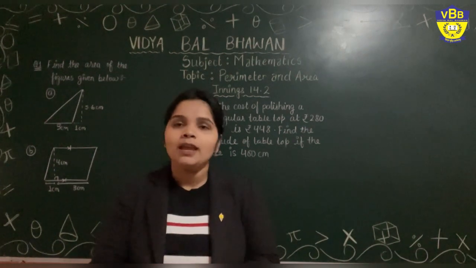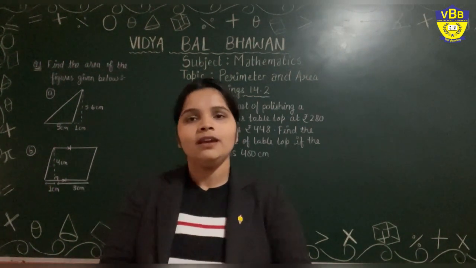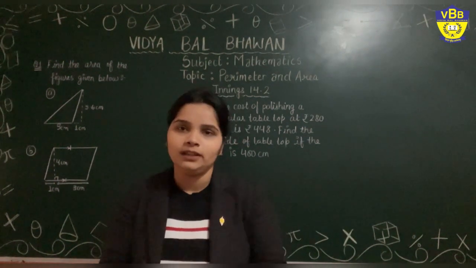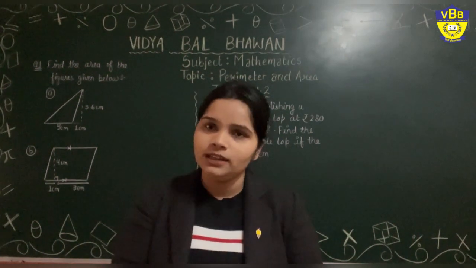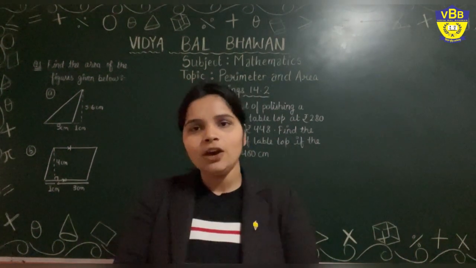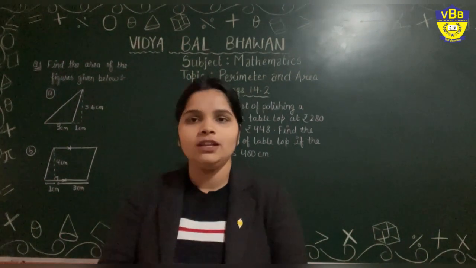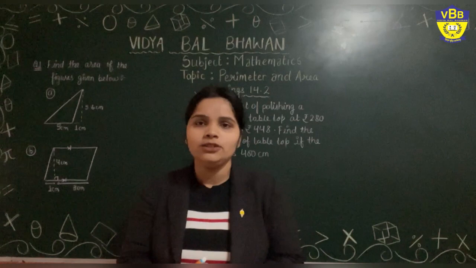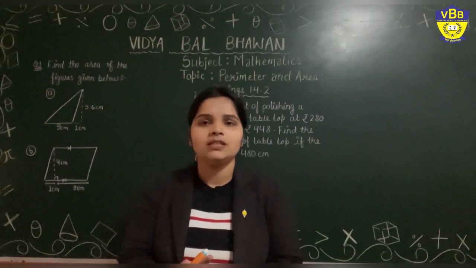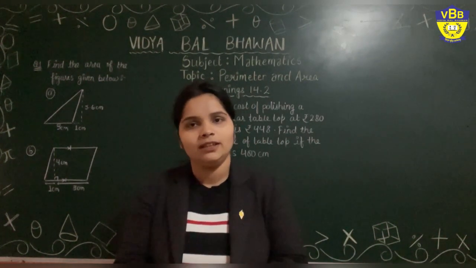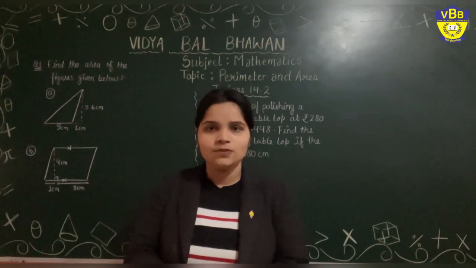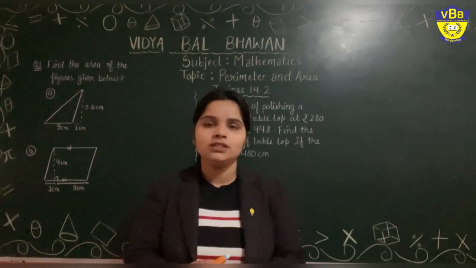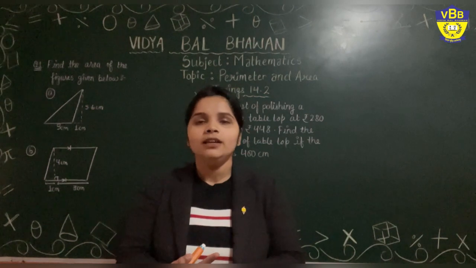It is base multiplied by height, base into height. What is the area of a triangle? Basically, the area of a triangle is half the area of a parallelogram. That means 1 by 2 into b into h, half into base into height. We will apply these formulas in these questions.